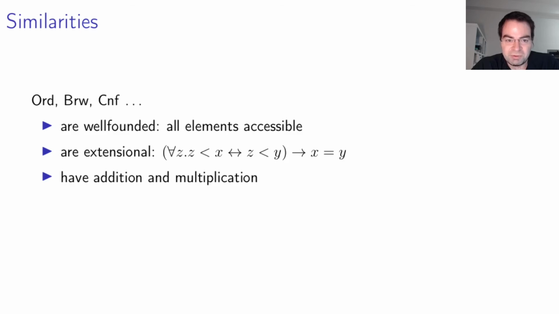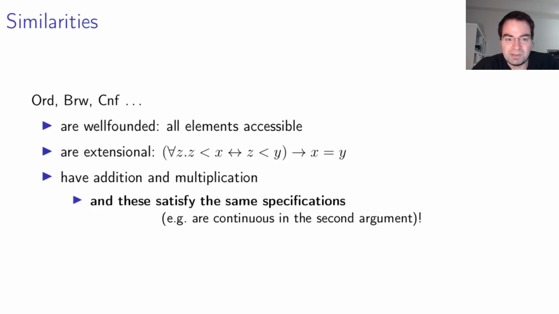Exponentiation does not seem to be constructively possible for extensional well-founded orders. But the actually interesting bit is that the operations satisfy the same specifications, even though they are defined very differently. For example, addition on Brouwer trees is continuous in the second argument by definition, but for Cantor normal forms, we can't even calculate limits, and this property is much less obvious.